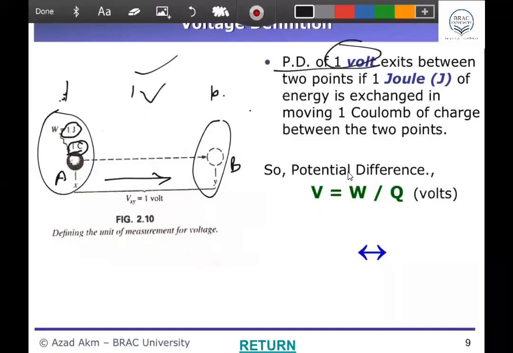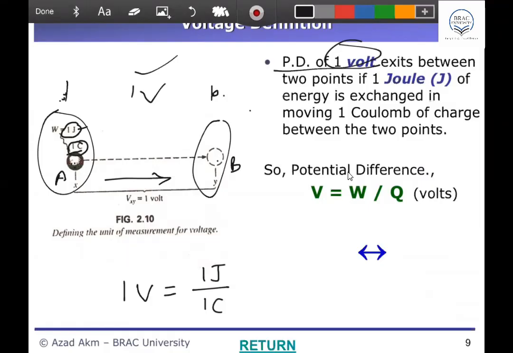That means to move 1 coulomb charge from A to B, you need to do 1 joule of work. This is the meaning of 1 volt. That means 1 volt gives you 1 joule of work done for moving 1 coulomb of charge from point A to B.